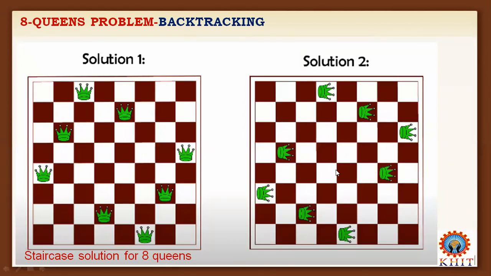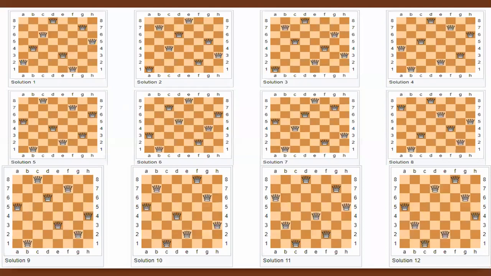The second solution is another way of getting solutions, not limited to two. There are around 12 solutions that are generated.